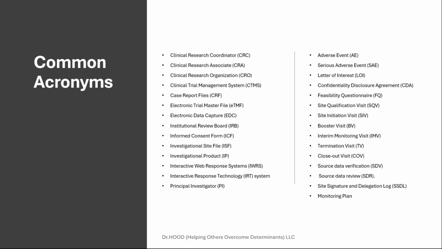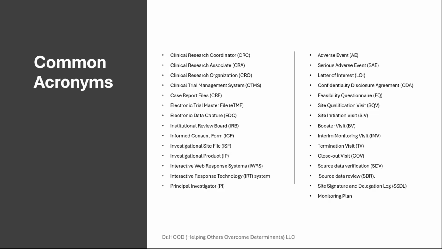It's used to unbiasedly dispense investigational product and also unbiasedly randomize a person to the arm in which they should be in a clinical trial. So whether they receive the placebo or the investigational product at different dosages. The IRT or the IWRS system is used to reduce bias in clinical trials.